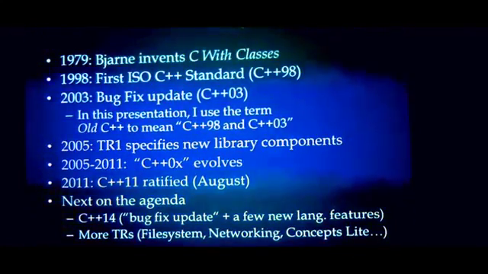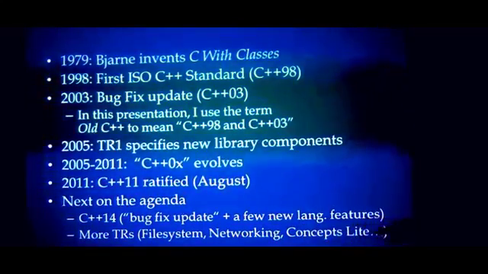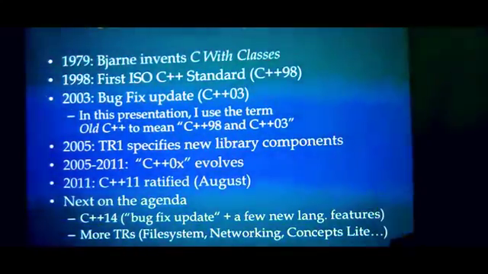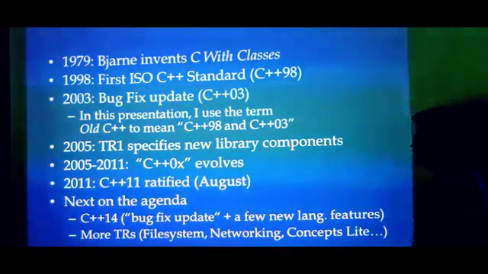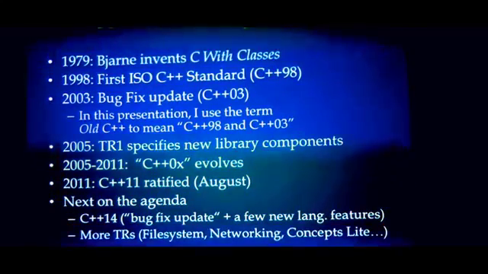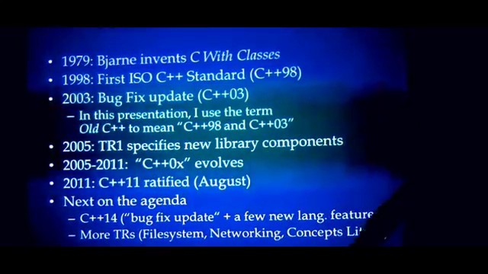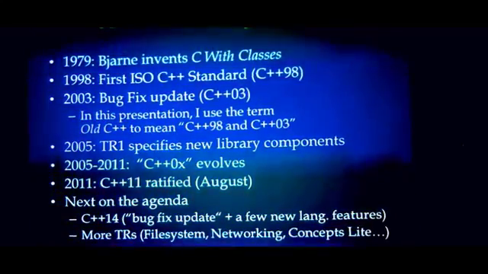The next step will be C++14, presumably, kind of a bug fix update, plus. So it's not going to be like 03, which just really fixed ambiguities in the standard. It's actually going to introduce a few new language features as well. And the library will continue to evolve through these TRs or TSs, or I don't know what they're going to be called.